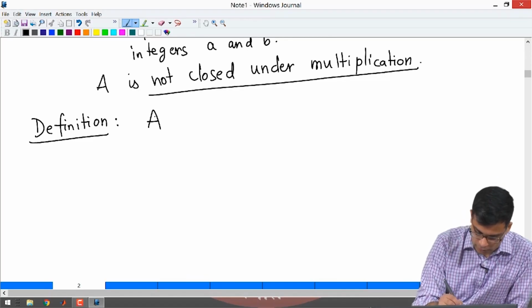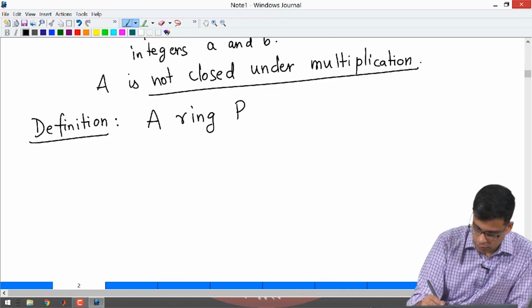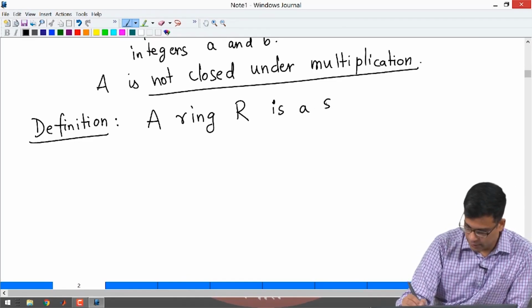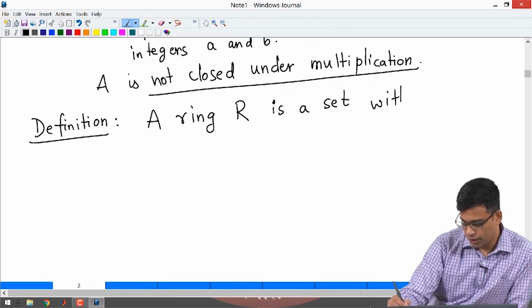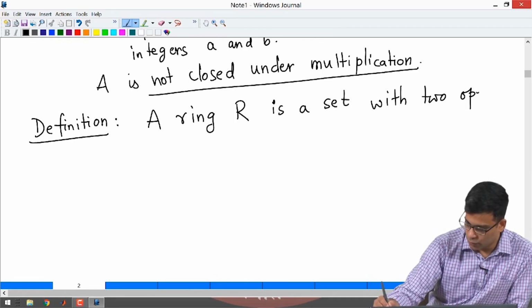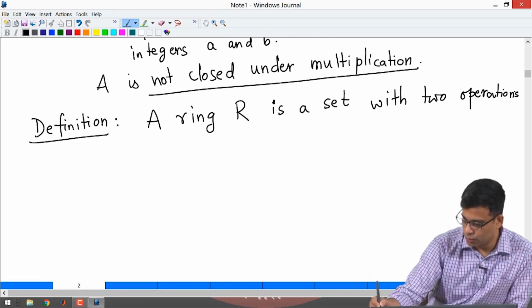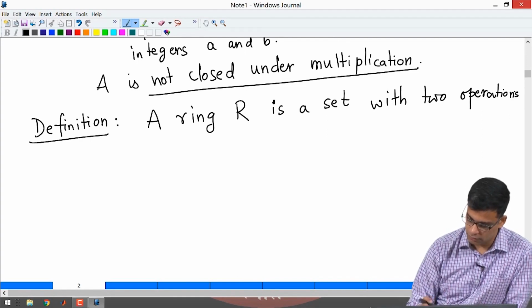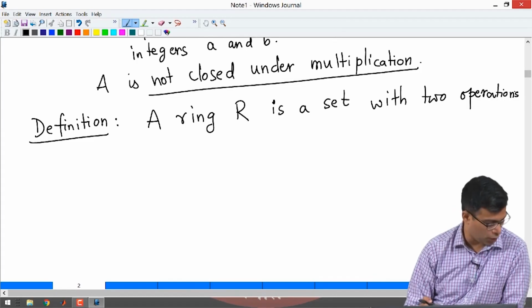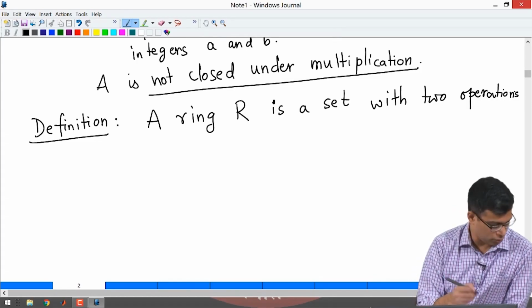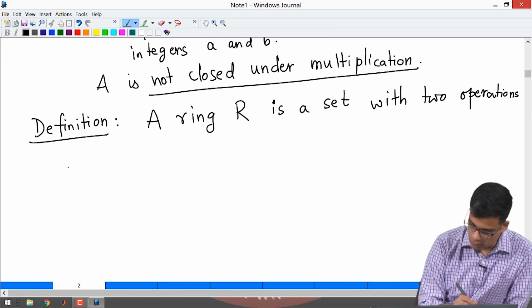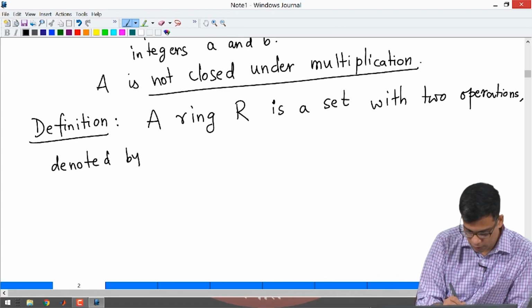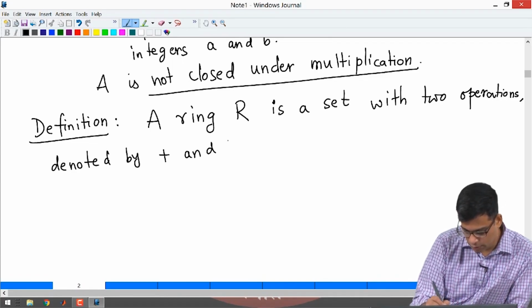So, a ring, we denote rings by symbols R. A ring R is a set with two operations. So, I will write the full definition here. I have already indicated to you what the properties should be through these examples. So, you will see that they will appear here. A ring R is a set with two operations, or binary operations as they are called, denoted by plus and times.